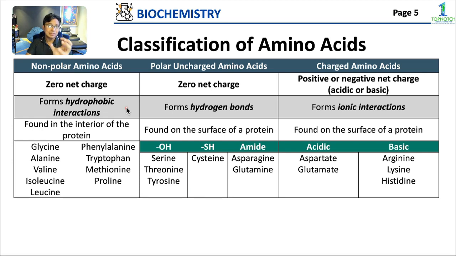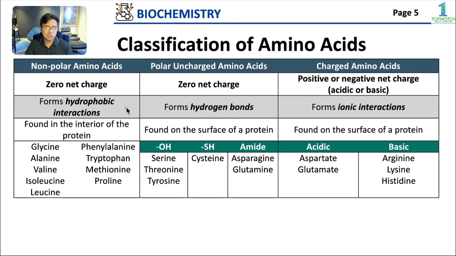Kasi protein natin, baba din sa tubig. So, nonpolar amino acids tend to stay at the interior of the protein. And they form there inside hydrophobic interactions. We have the following nonpolar amino acids: glycine, alanine, valine, isoleucine, leucine, phenylalanine, tryptophan, methionine, and proline.